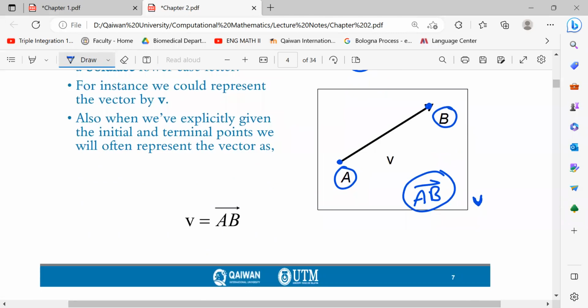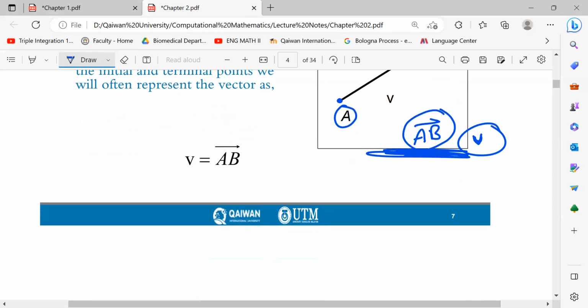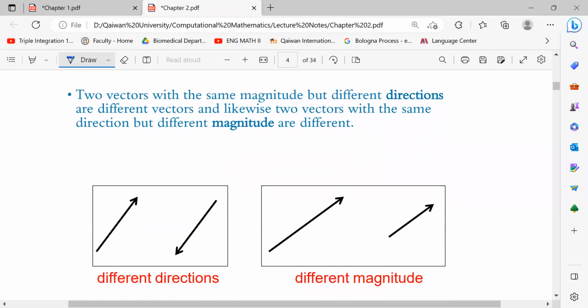If the initial and terminal points are given, you can represent the vector this way or by a little boldface letter.